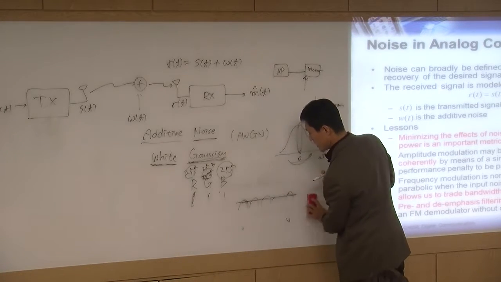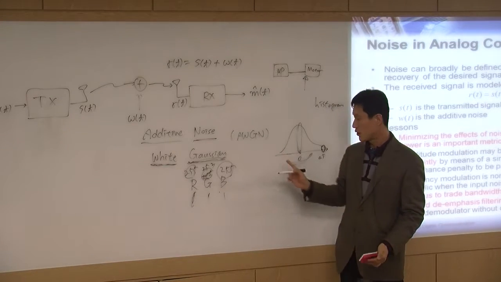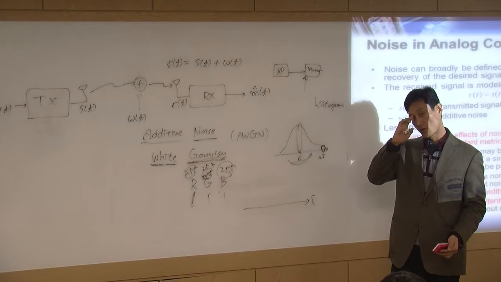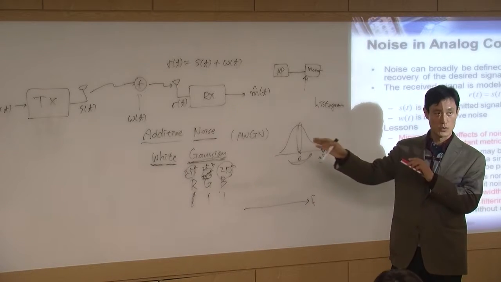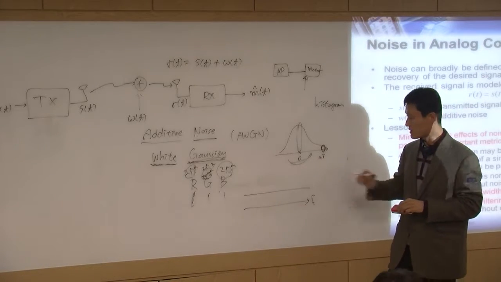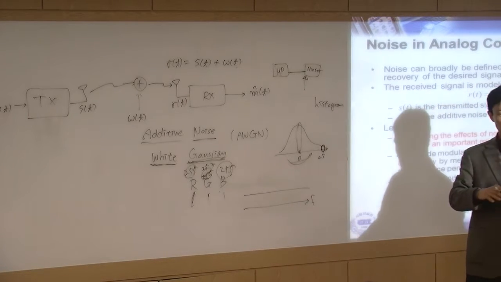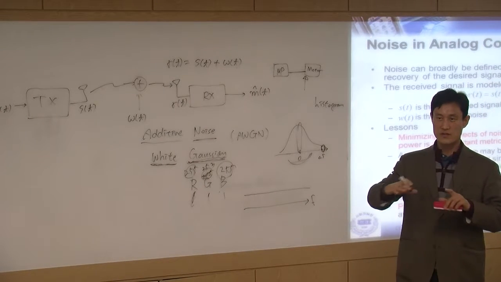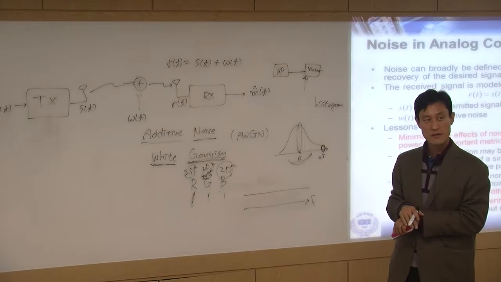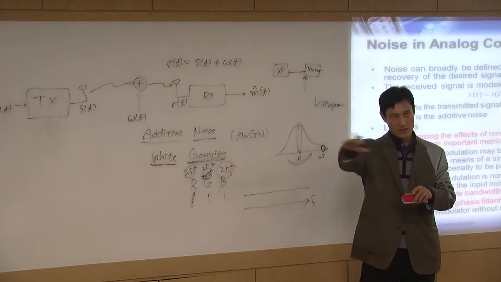Our noise is very special noise such that when you look at it in the frequency domain, okay, our noise has all of the different frequencies with the same amount of power. Flat, basically. In the frequency domain, it's flat.